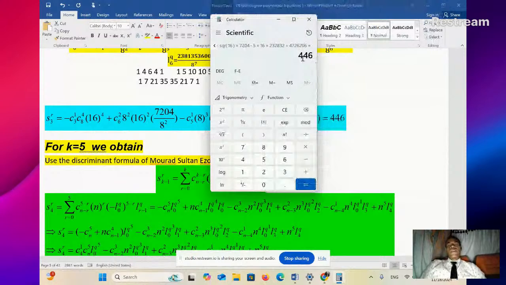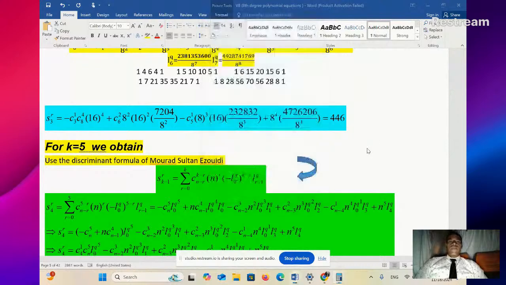It means you work out the value of the fourth coefficient of your new 8-degree polynomial equation that has been derived from the coefficients of the original 8th-degree polynomial equation that I gave from the beginning. Okay. Now after doing that, learners, you should go to find S4.